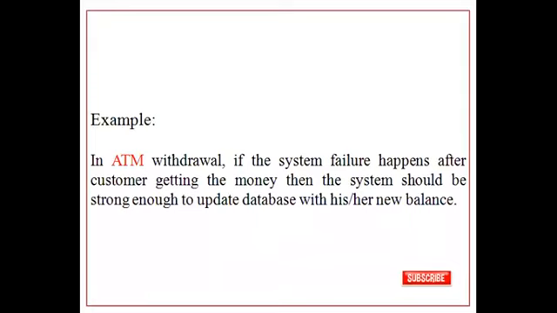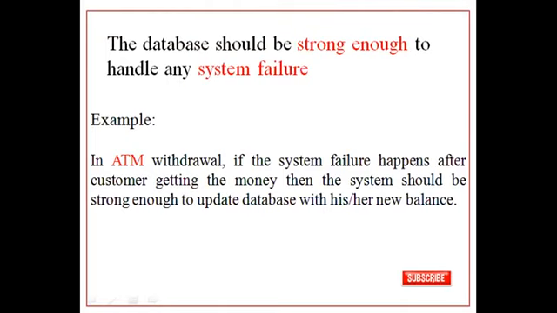Means you have $1,000 in your account, and after withdrawal of $500 from your account, if there is any system failure after withdrawing the amount, that is 500, after that transaction also your database must be in a consistent state.